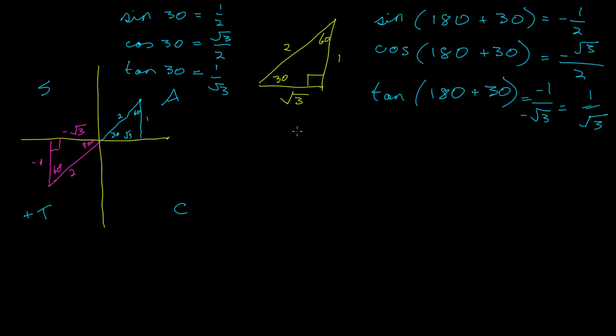Let's do another one. Maybe a little bit more difficult. And for the purpose of fun, I'm going to do this in purple. What if I wanted the sine of, let's do a negative, theta minus 90.